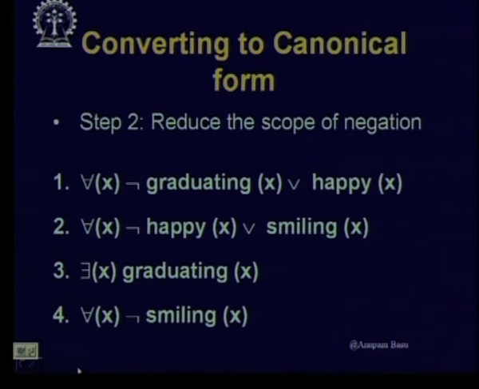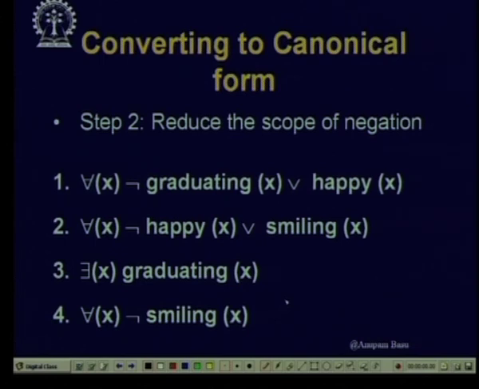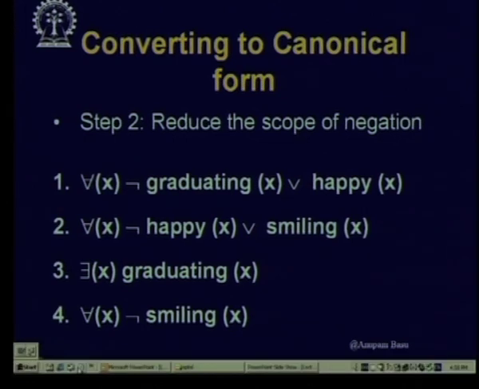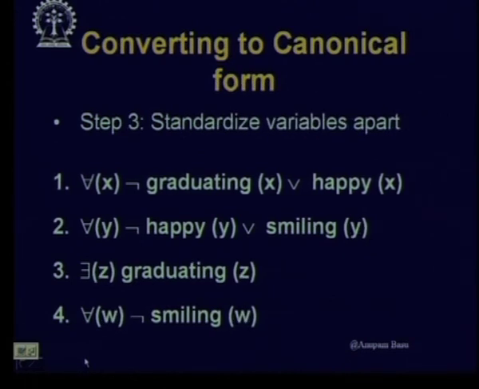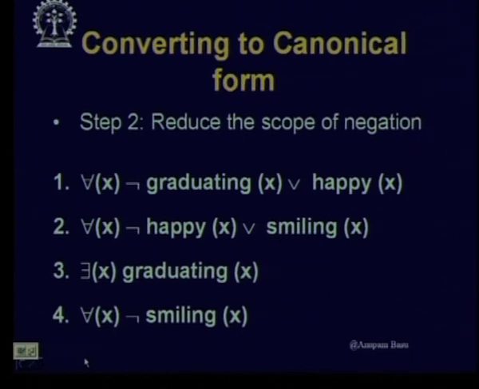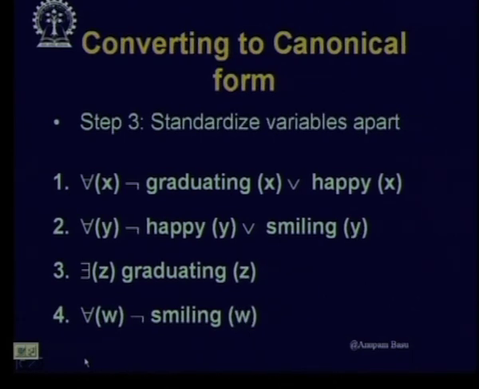So, here after we do this, the next thing is to standardize the variables. Here you can see graduating x, happy x or smiling x. We have taken the liberty of using different variables. For all x, not graduating x or happy x. So this one has got x, this has got y.